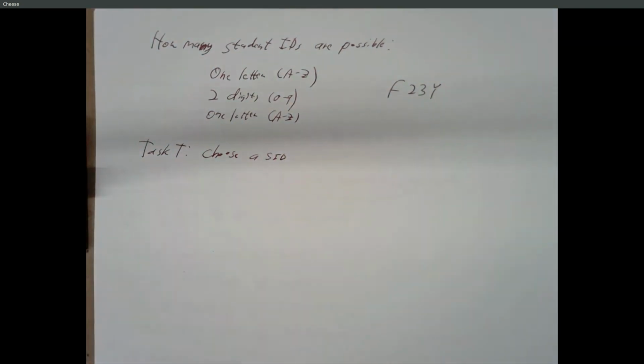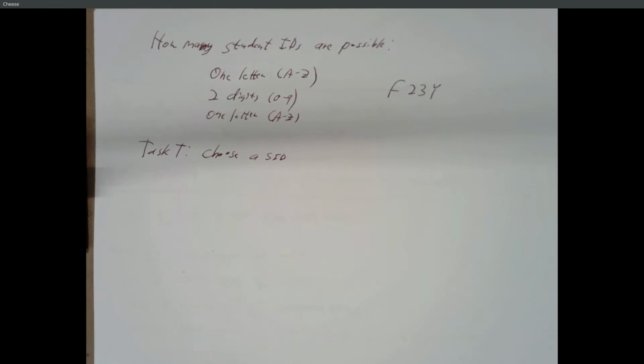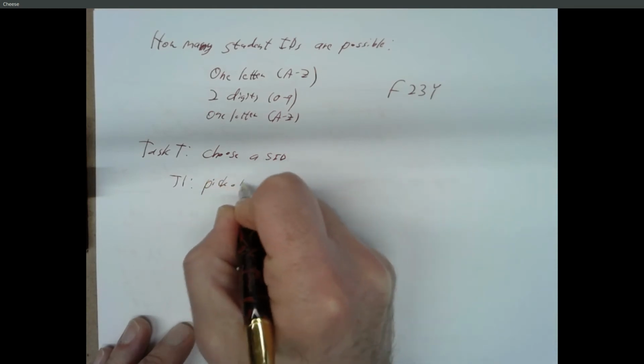And we're going to split it into 4 subtasks. So Joseph Van, haven't called anyone in a while. So what's a good first subtask to perform? Pick the first letter. Pick a letter. Okay, so T1, pick a letter.